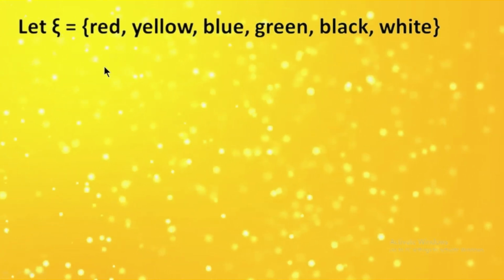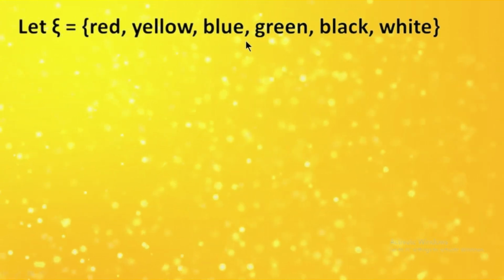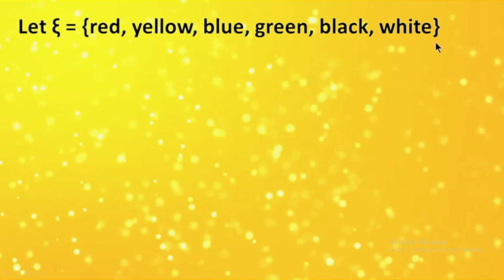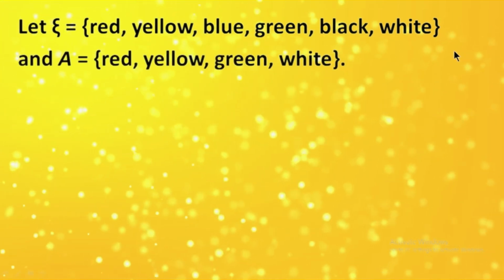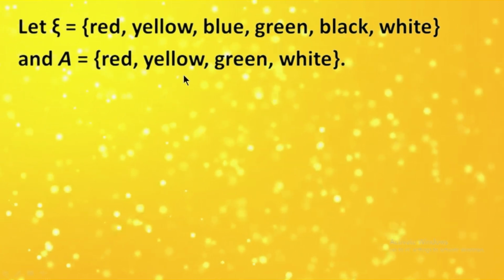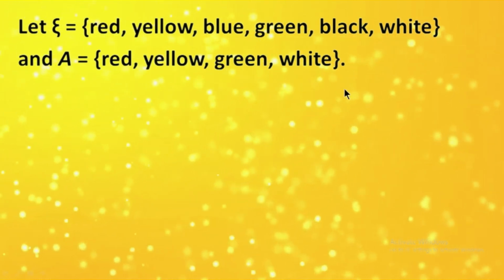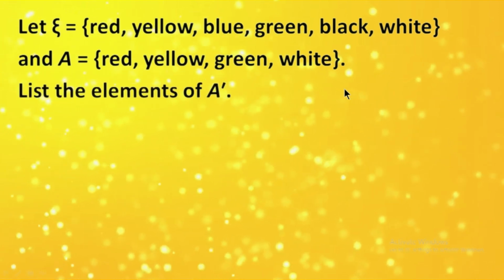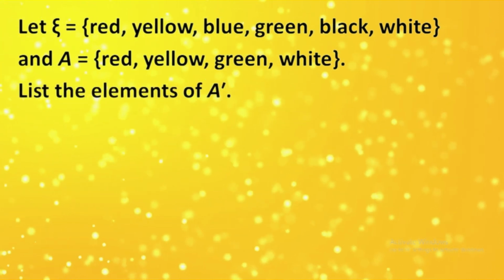Let the universal set be red, yellow, blue, green, black, white. And the elements of set A are red, yellow, green, white. So, list the elements of A complement.